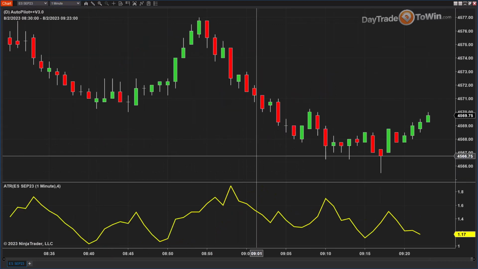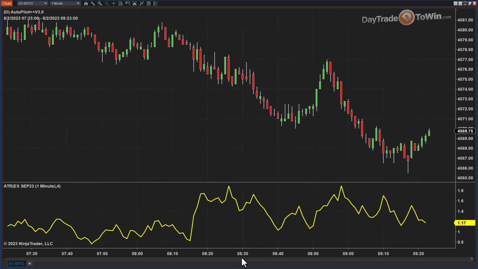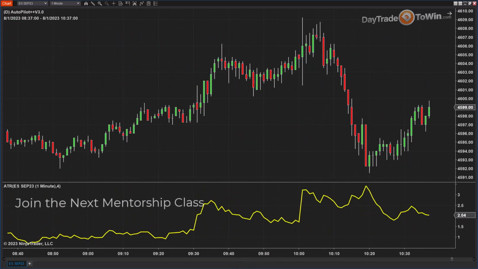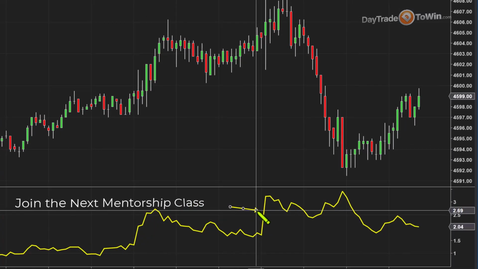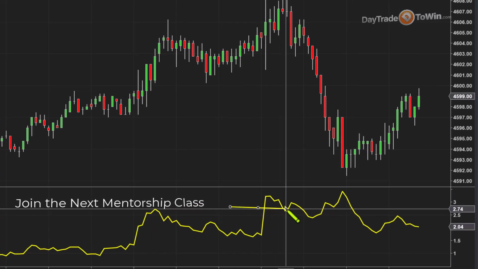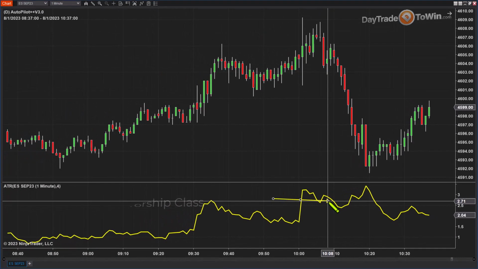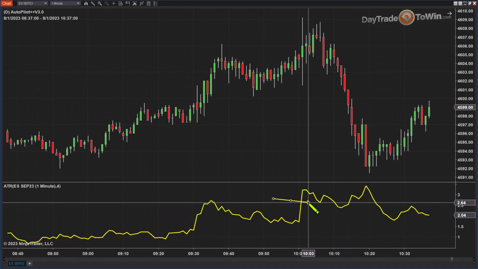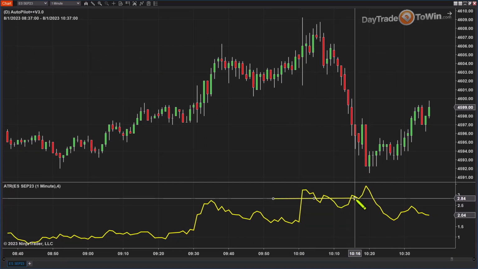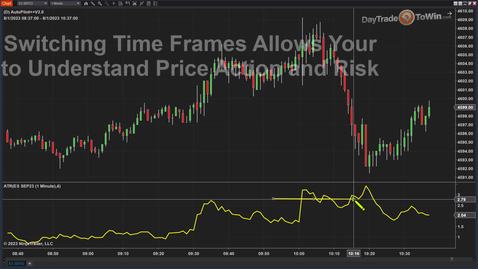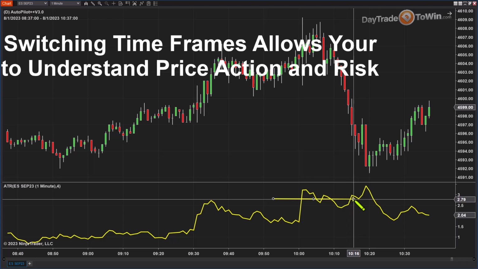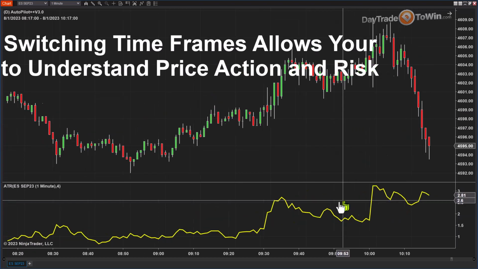Using the same criteria, going back to yesterday, we can see that on a 1-minute chart the ATR, instead of being above 5 points or 12 ticks, is closer to half of that, about 2.5 points, 10, 11, 12 ticks. For me, this is much more advantageous to manage the trade and to limit the risk in these opportunities that you see.